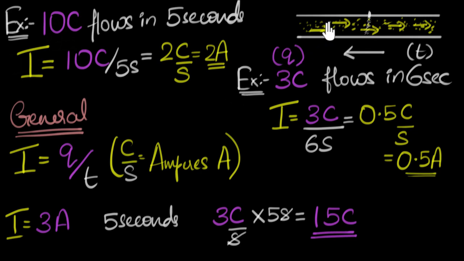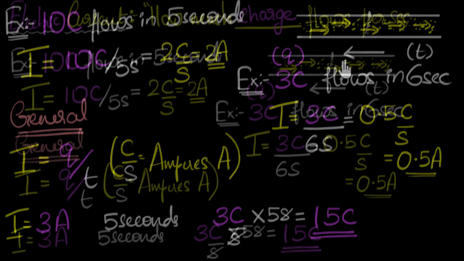And because electrons turn out to be negatively charged particles, we have no option now. We have to choose the convention to be in the opposite direction of electrons. So if the flow is of positive charges, the current will be in the same direction. If the flow is of negative charges, the current will be in the opposite direction. Since electrons are negatively charged particles, the current direction we choose is in the opposite direction.